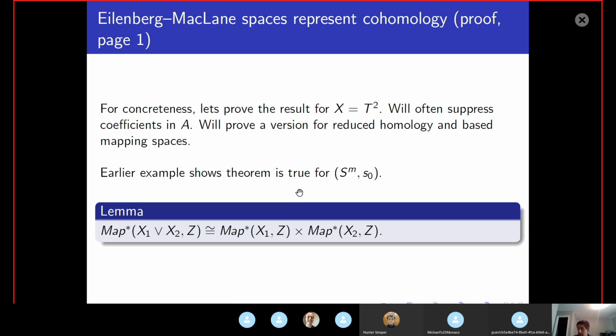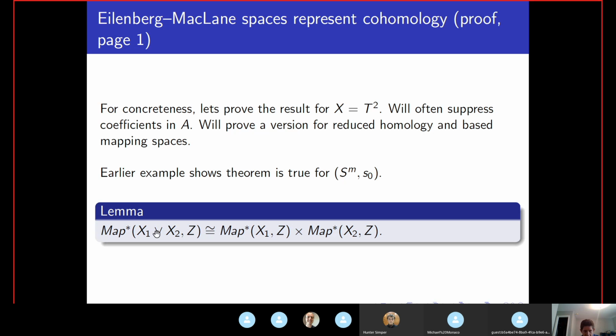So the one skeleton of a torus is S1 wedge S1. It's a figure 8. We're going to prove the theorem first for the one skeleton and then for the entire torus. So we need to understand maps out of a wedge.